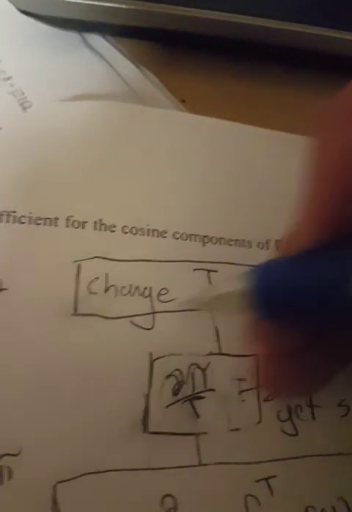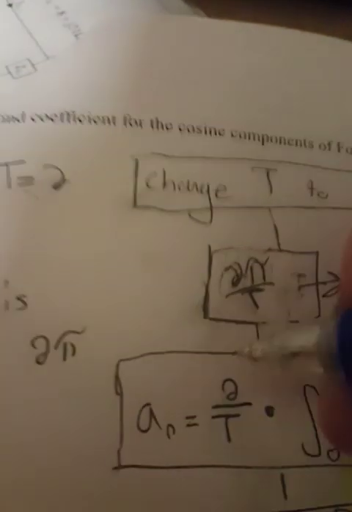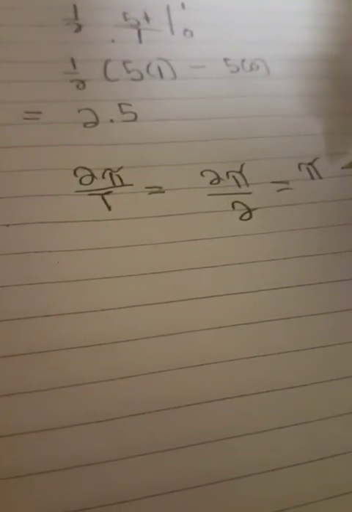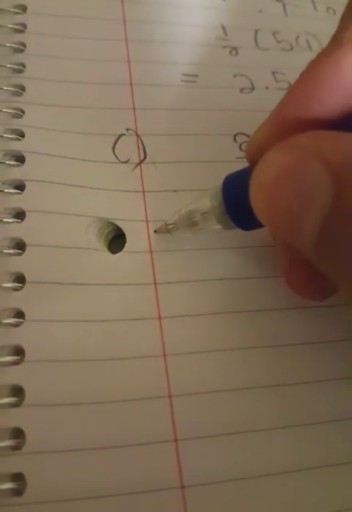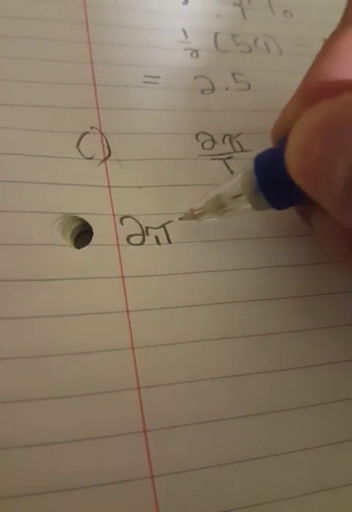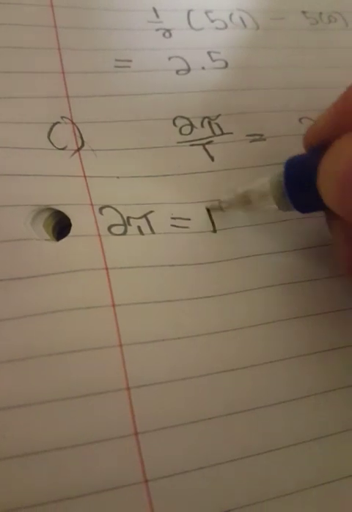There's a formula you use to do that: it's 2 pi over T. We already solved for T, so it's 2 pi over 2, therefore it's pi. But this is not a new period. Our period is always equal to 2 pi in terms of cosine or sine. That is our T.